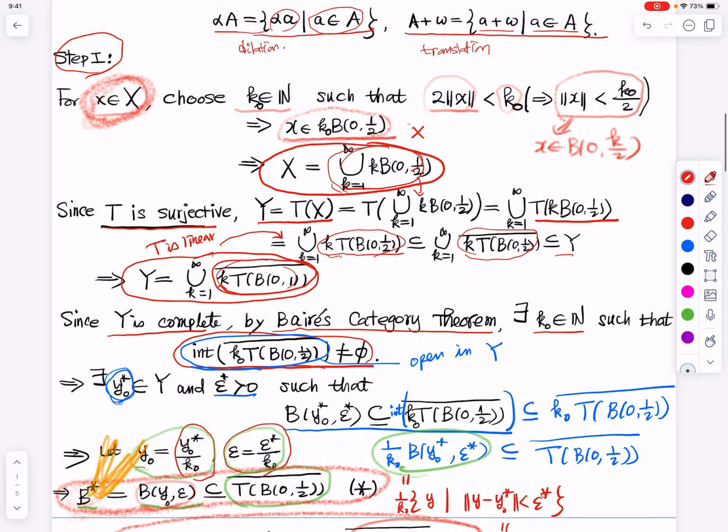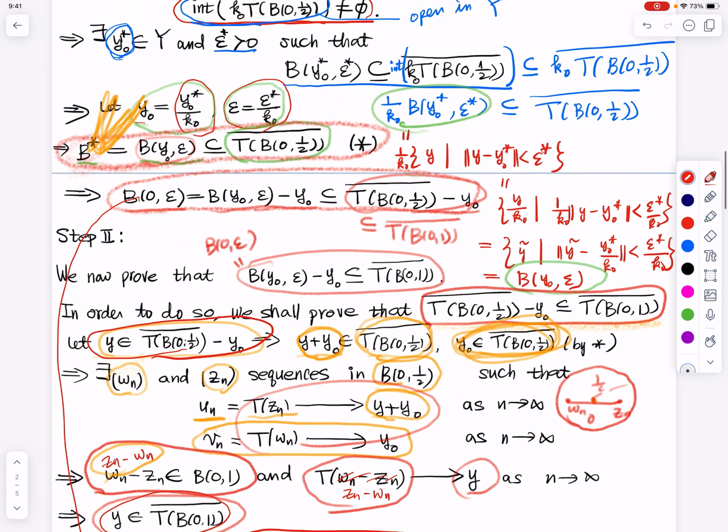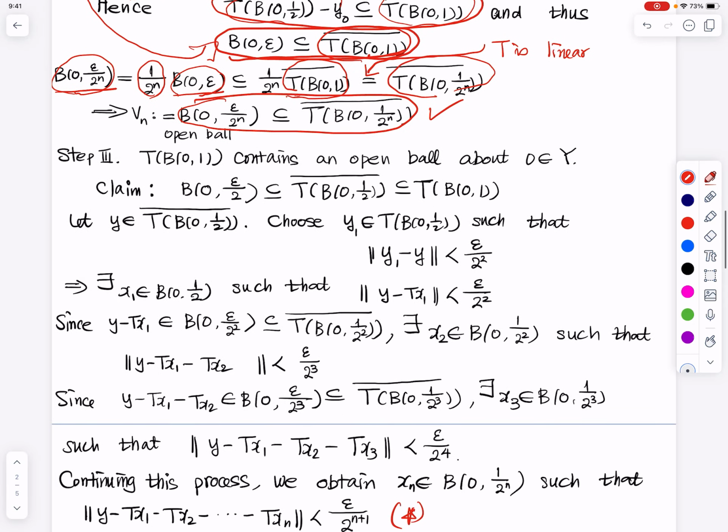Okay, and then finally we want to prove step 3. Step 3 says the closure of T(B(0,1)) contains an open set. We have to use the results in step 1 and step 2.